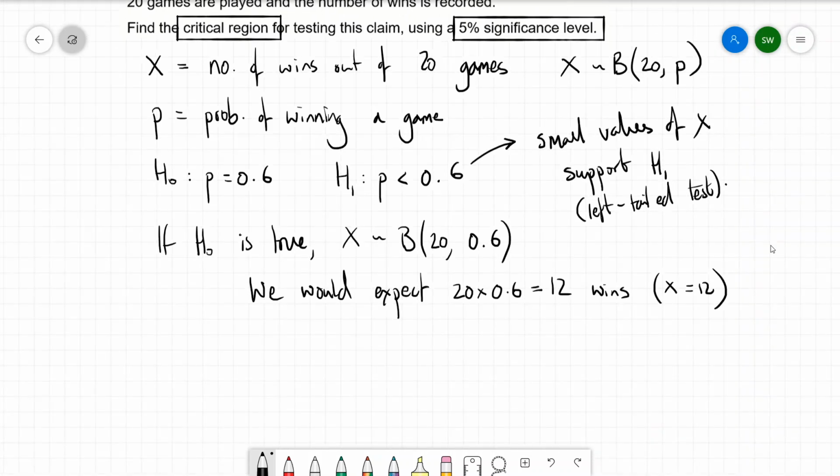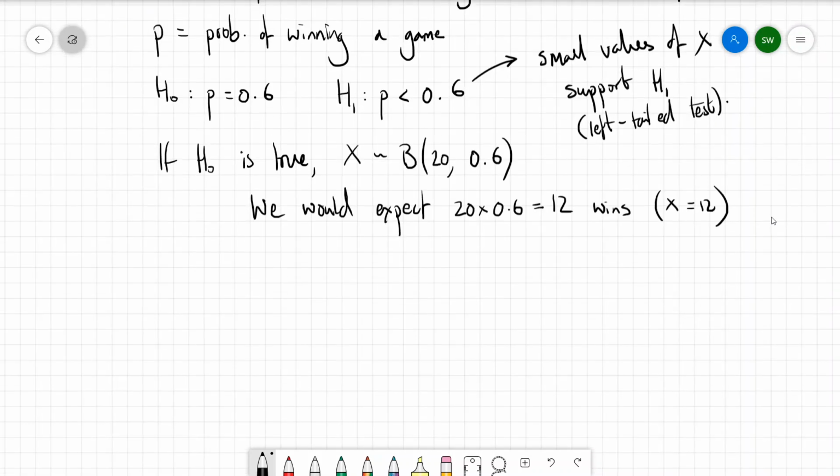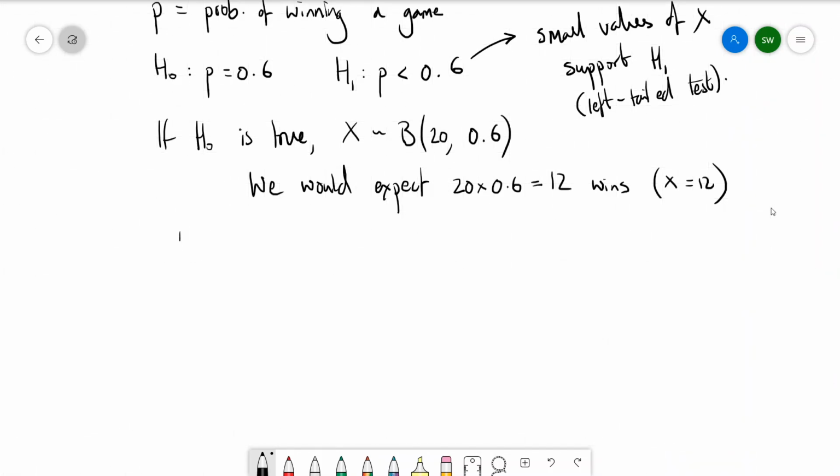Okay? So let's try and draw a diagram of this distribution to help us think about what's going on here. So if we put on the horizontal axis our X values, so the number of wins, and on the vertical axis, the probability.